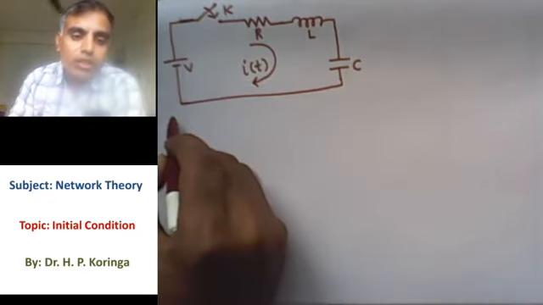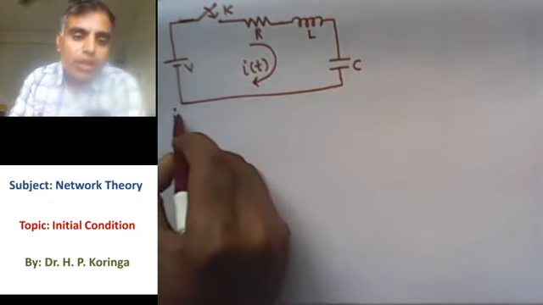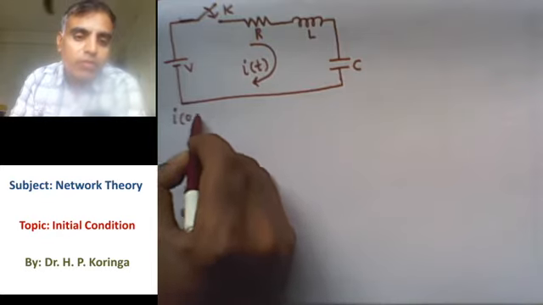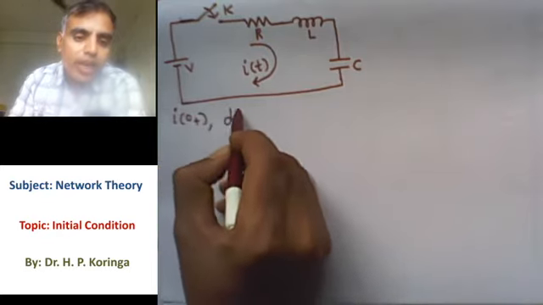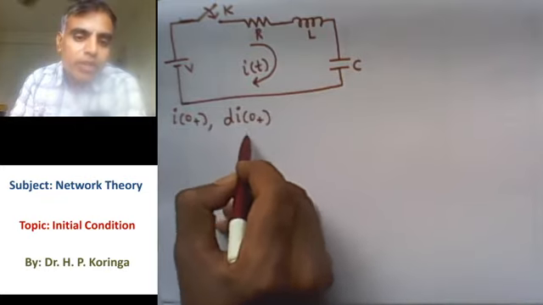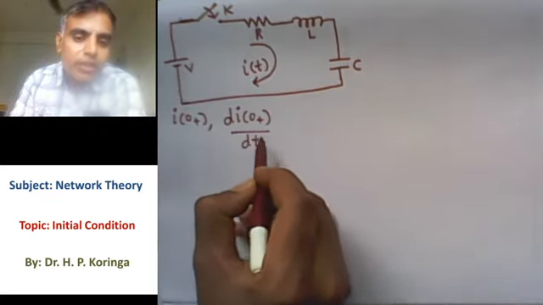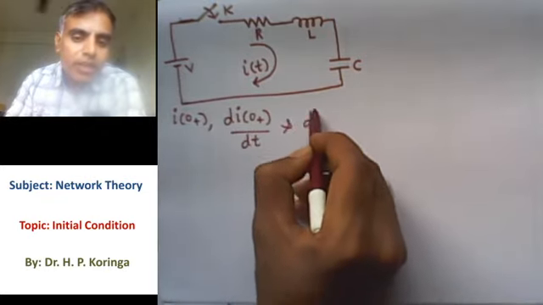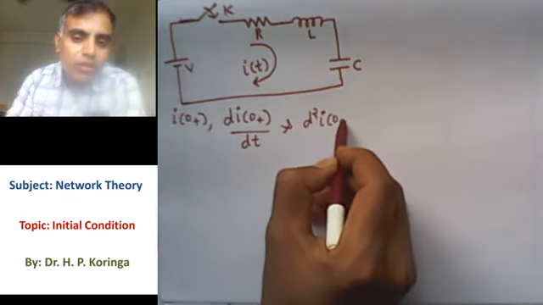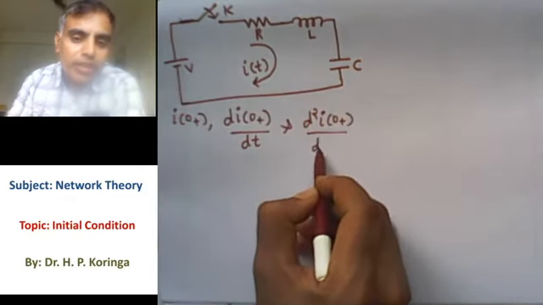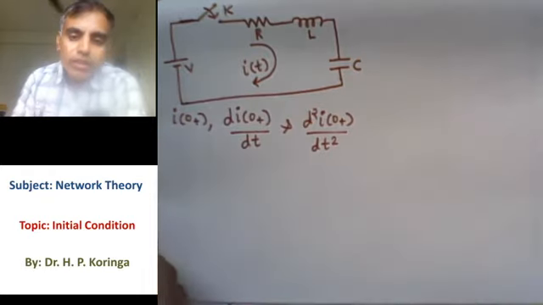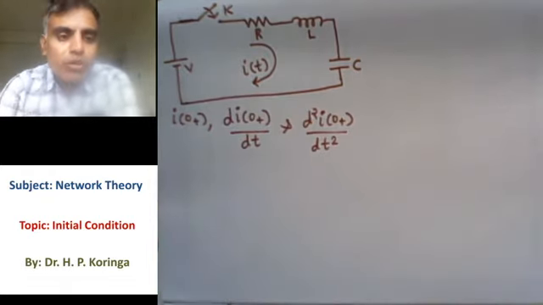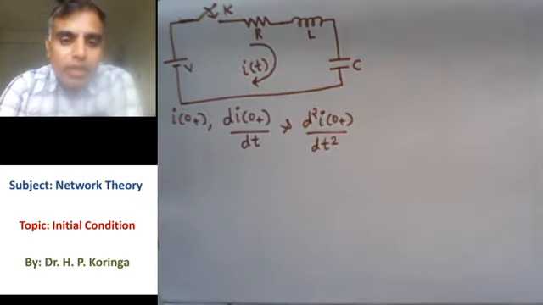So we want to find I of 0 plus, dI of 0 plus divided by dt, and d square I of 0 plus divided by dt square.